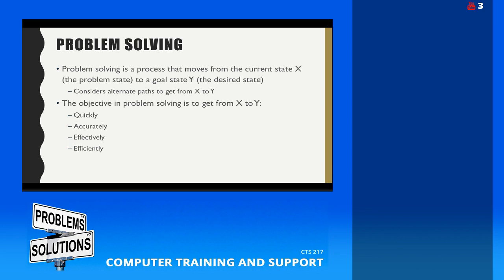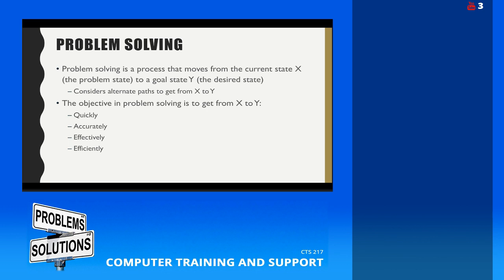Because quick, accurate, effective, efficient problem solving is something that our customer wants. Remember, their device is something that they need. They either need it to do work, or they need it to communicate with loved ones. They have some need for this device that they're bringing in that they're having issues with.